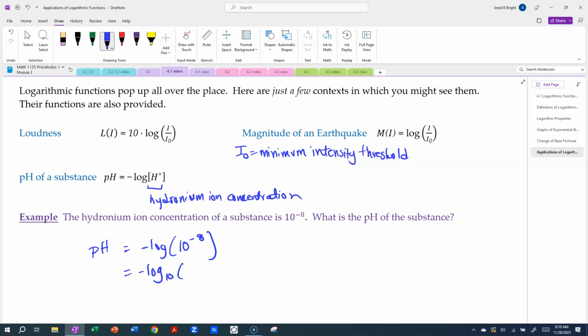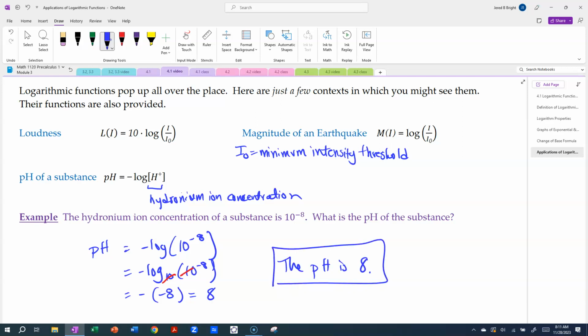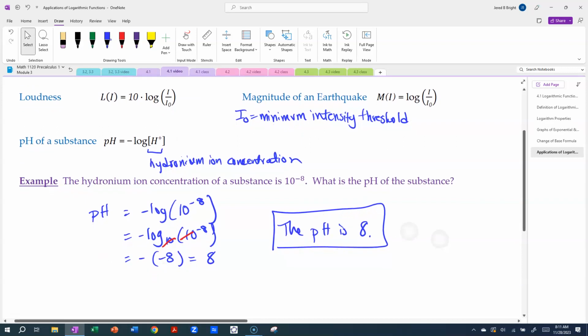I get it. But you could also recognize that the base of the logarithm matches the base of the exponential expression inside. And so we just have the negative of negative 8, so this is just 8. The pH is 8. And again, context situations require context answers, but there you go. That's how you get pH.